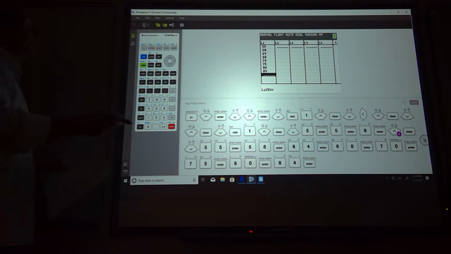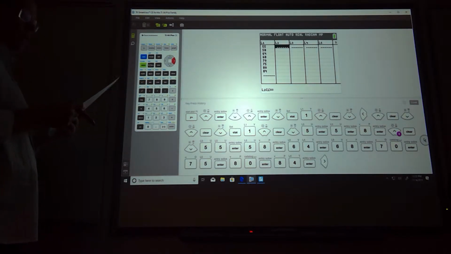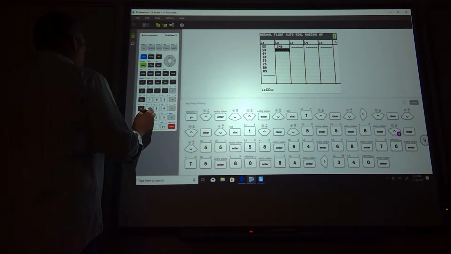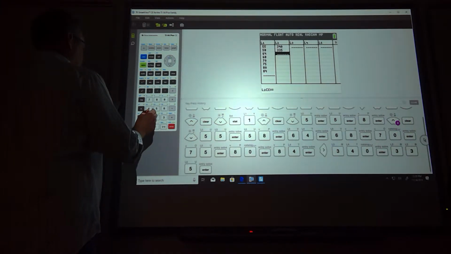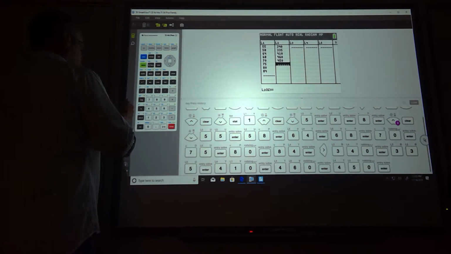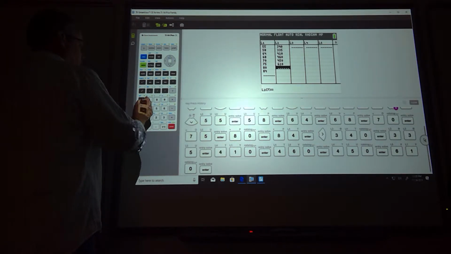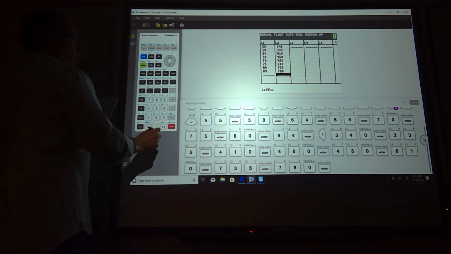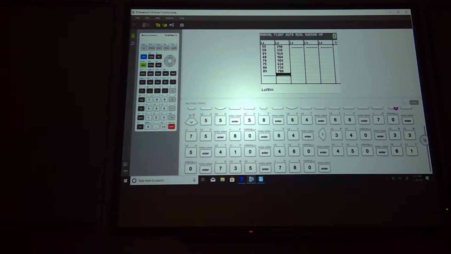Once you have that data in, go to L2 and put number of cans sold. I'll wait for y'all to get caught up. Eyes up here when you're good to go.